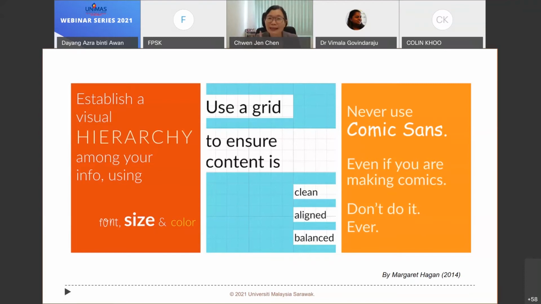It has also been shown through studies that students with reading disability, for example those with dyslexia, have difficulty reading that kind of font. So to be safe, why not just avoid using this kind of font. All right, font with frills. Do not use that.